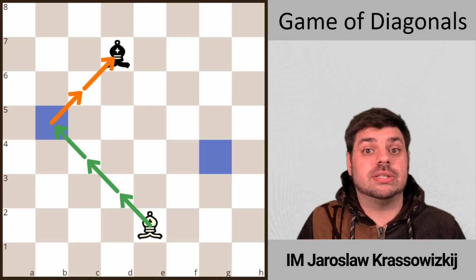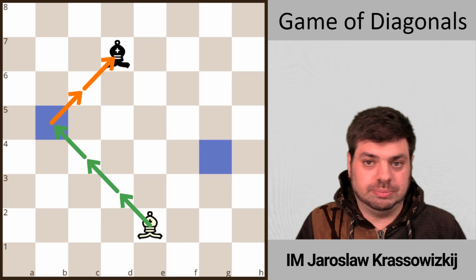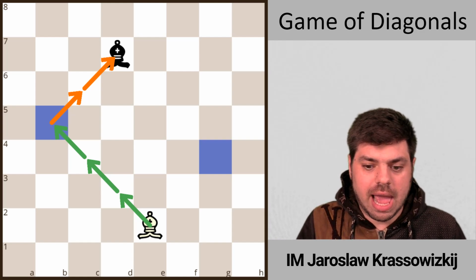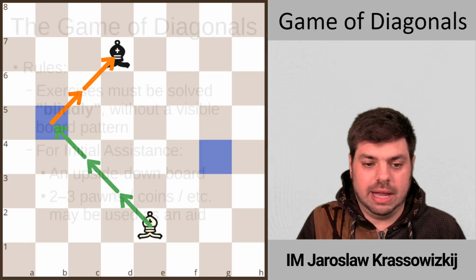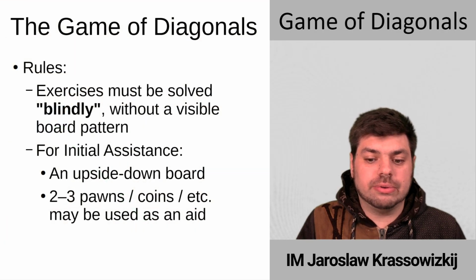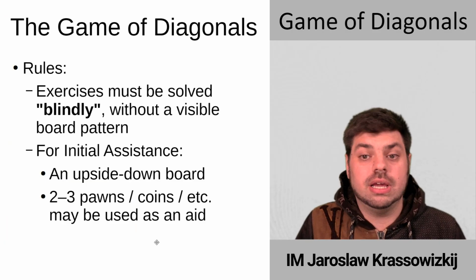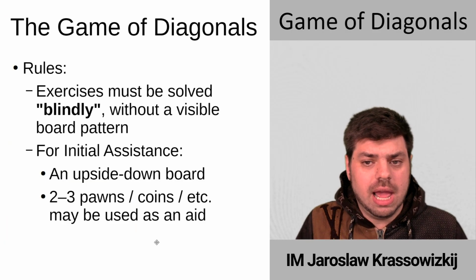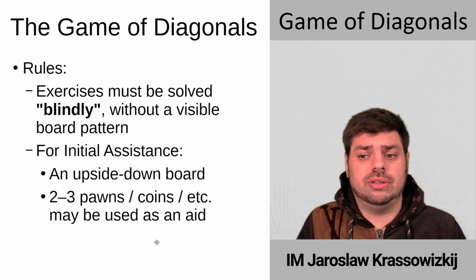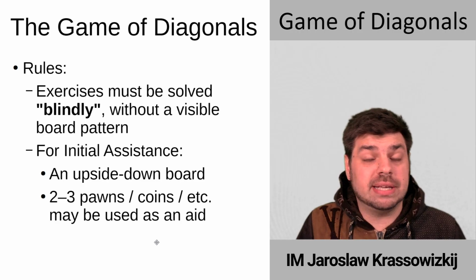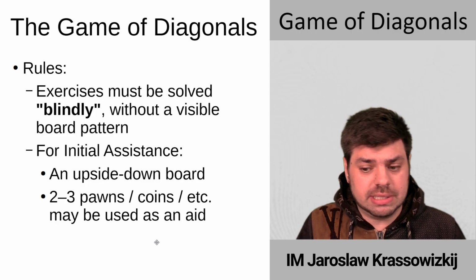And if you now understood the game, we can come to the exercises. And here they are. First of all, the rules again, just to visualize it. You have to solve it blindly. And if it helps you, you can use again the chessboard, but the backside of it, so you don't see the patterns or the squares.